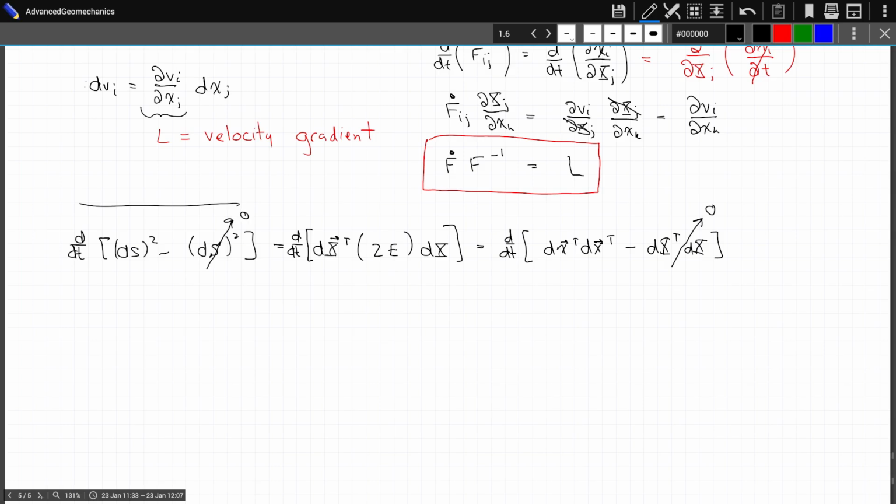Really all we have to do is take the time derivative of little ds squared, which is equal to d/dt of dx transpose dx.